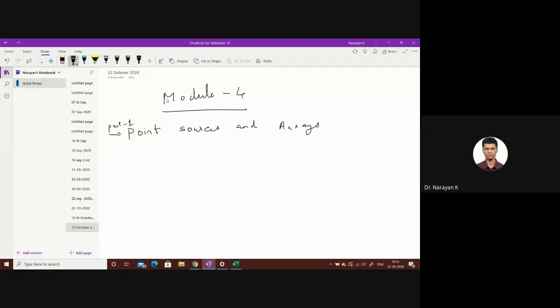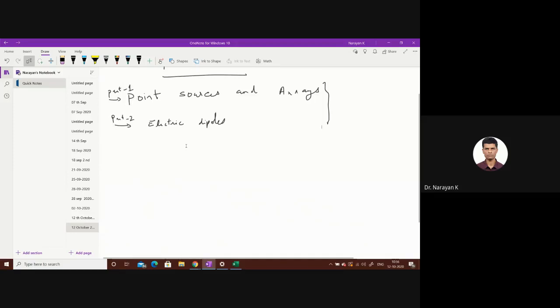Next part is electric dipoles. These two things are quite important and quite lengthy, so this module 4 will take a lot of time for me to do. I request you to have patience, because these things I cannot hurry. So these are the two parts of that module.